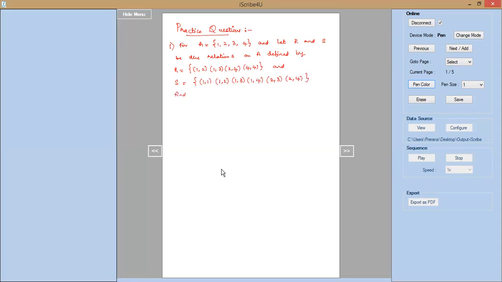Find R composition S, R square, S square, and write the matrices and digraphs of the same.